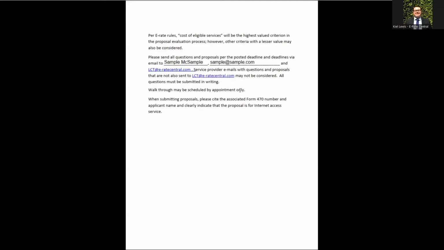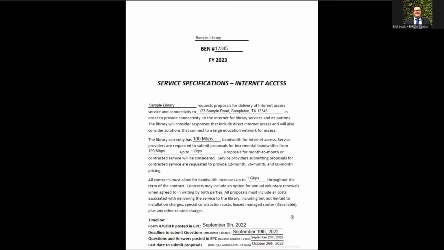There's a variety of reasons why a walkthrough may be useful. If you want to create a walkthrough period on the timeline discussed on the previous page, you may want to consider doing that and then creating a deadline by which that must happen.